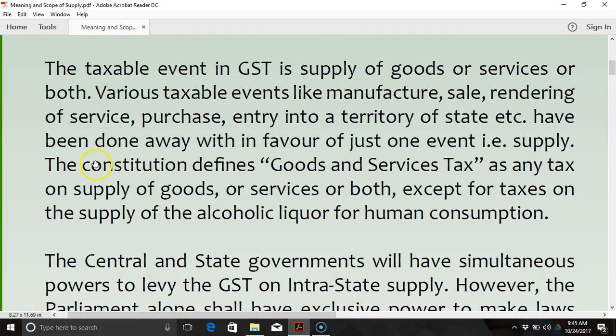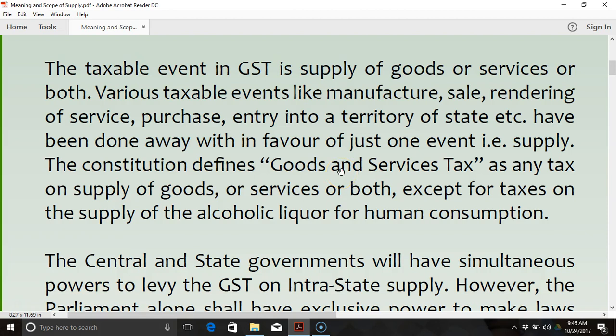Now, the Constitution defines goods and service tax as any tax on supply of goods or services or both, except for taxes on the supply of alcoholic liquor for human consumption. To bring the GST into existence, the Constitution has been amended and the Constitution has defined GST.